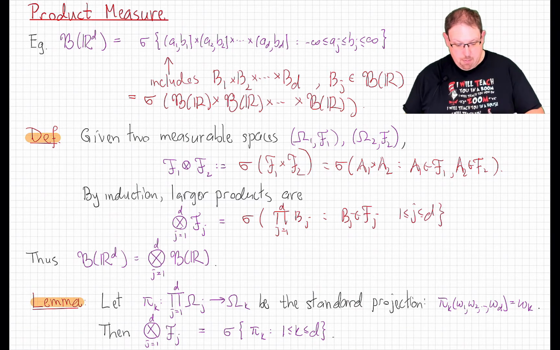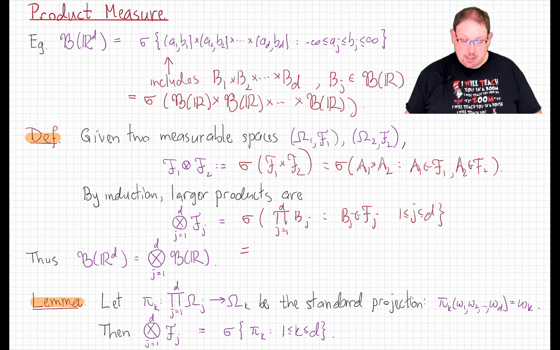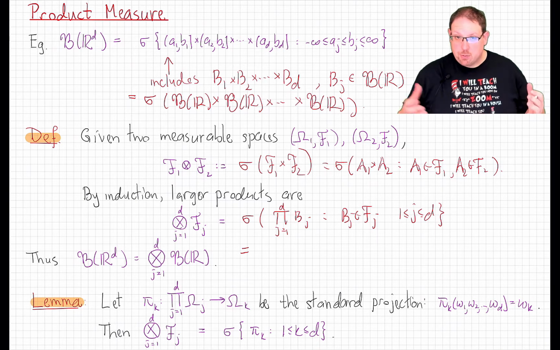We can be more general than that, actually. Like we did up here when we defined the Borel sigma field over R^d, we could restrict not to products of any events from the different sigma fields, but actually only those from subalgebras that we like. They don't even need to be algebras.